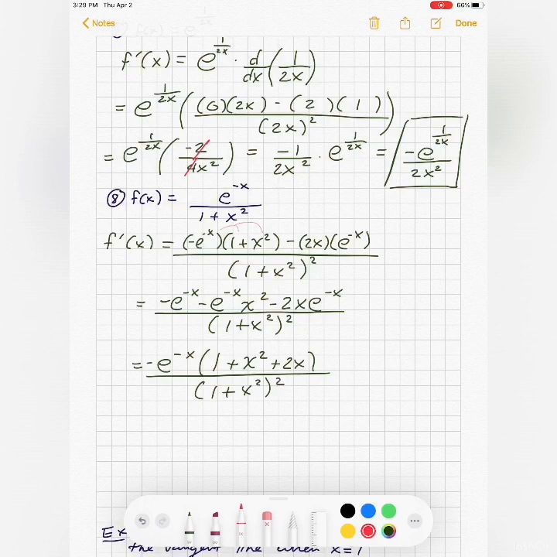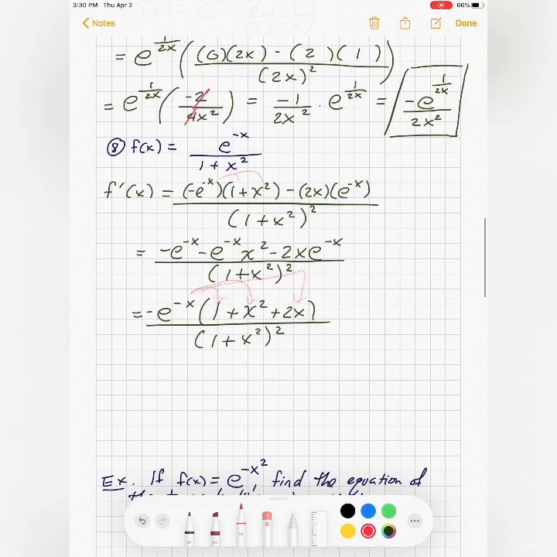If I distributed this, I'd have negative e to the negative x minus x squared e to the negative x minus 2x e to the negative x. So that looks correct. And so I think maybe I would even stop there.